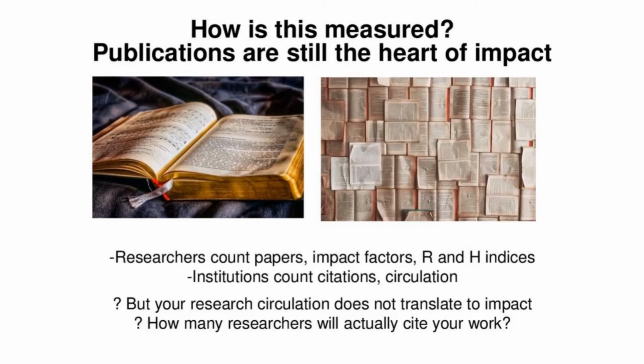And this is obviously a distribution, so the maximum number of articles with that maximum number of citations. So someone with an H index of 30 has published 30 papers that have been cited at least 30 times.